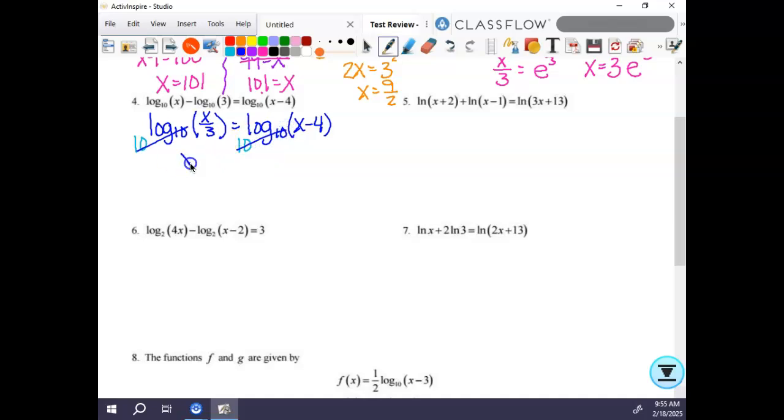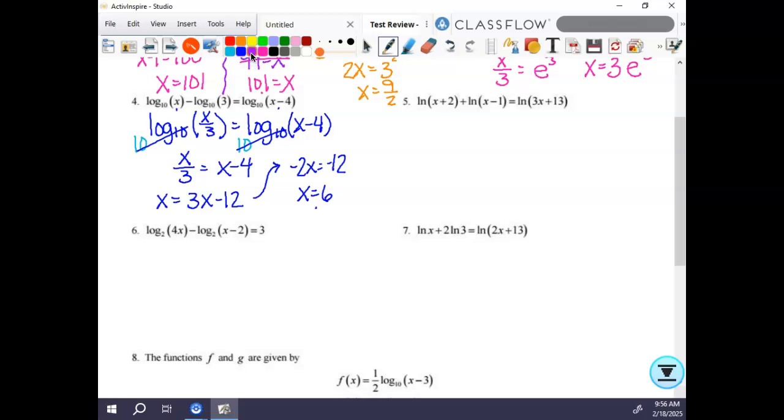So I get x over 3 equals x minus 4. Then I would like to get rid of the 3 in the denominator, so I'm going to multiply both sides, which gives me x equals 3x minus 12. So then I get negative 2x equals negative 12, so x equals 6. I check my solution, put 6 in here, I'm good, put 6 in there, I'm good.